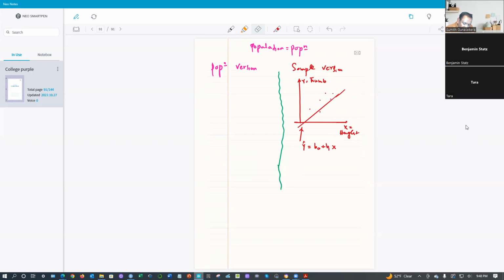And the model is data equals model plus other stuff. I'm going to write y equals b naught plus b1x plus error. This part is y hat. See, y is nothing but y hat plus the error, another way to look at it.